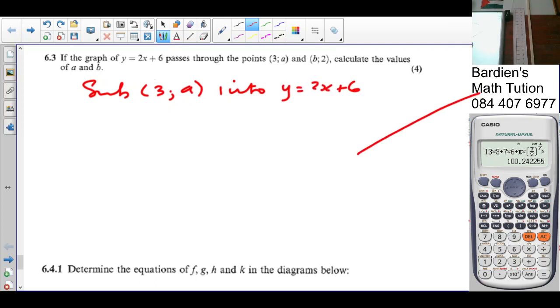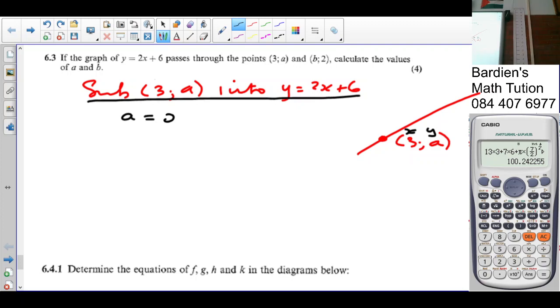If I've got a straight line and the straight line is actually going through 3 and a, that means if I put the input in the formula, I must get the output out. Can you see that? That's an x and a y. So what is your y value? Your y value is a. So a is equal to 2 times, what's your x value? 3, plus 6. And what is 2 times 3 plus 6?